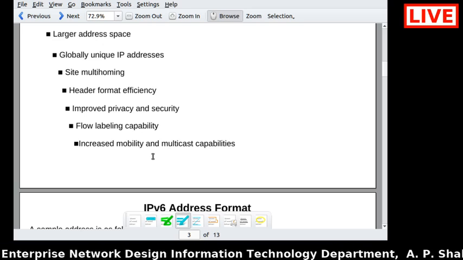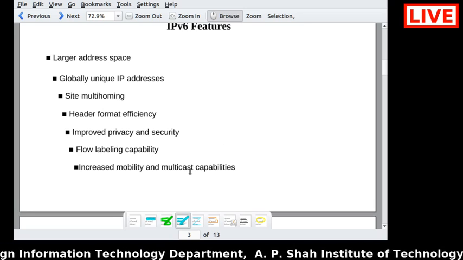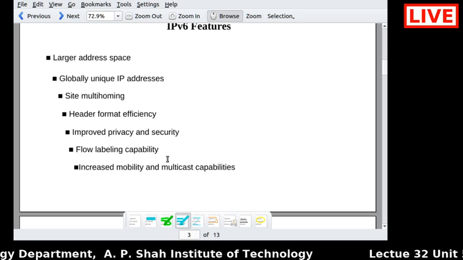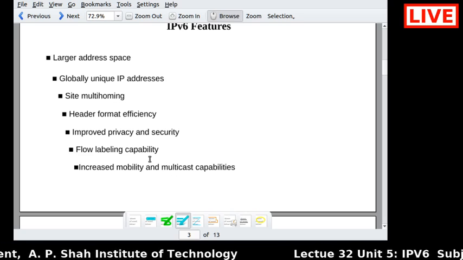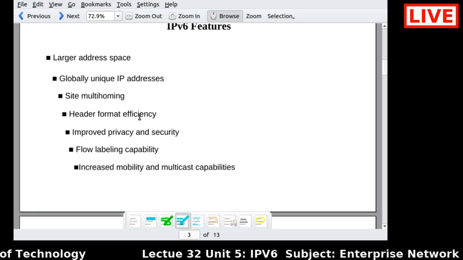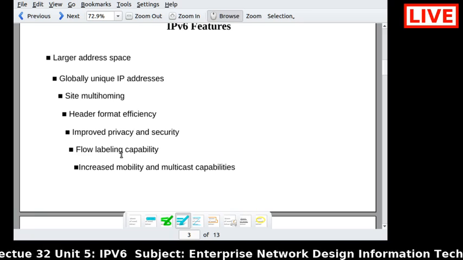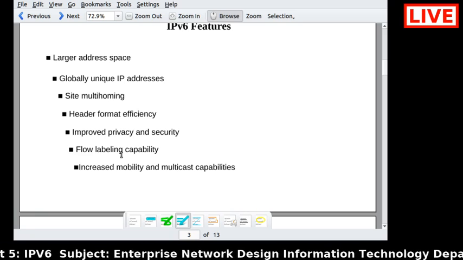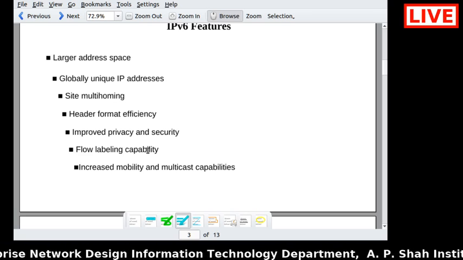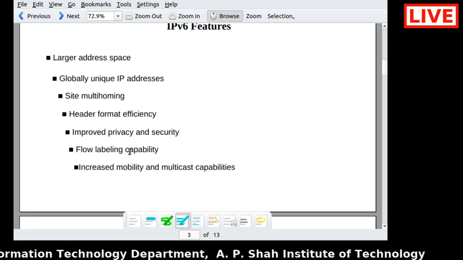The last one is increased mobility and multicast capability, right? IPv6 allows an IPv6 node to change its location on the overall IPv6 network, and it will maintain its existing connections as well. So without breaking your existing connections, IPv6 allows you to change the location in that network itself. This is nothing but the mobility of IPv6, right?